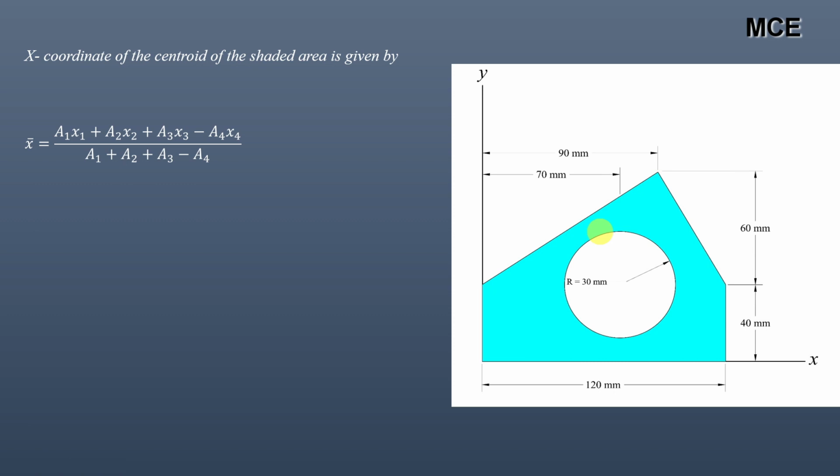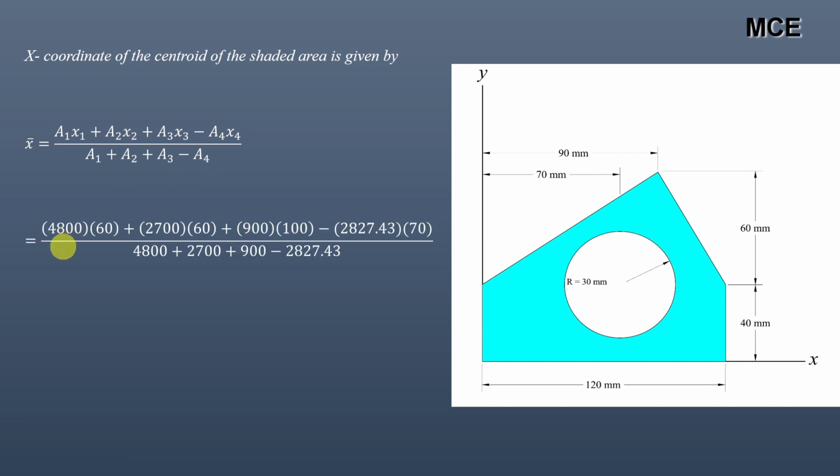It will not count in the centroid for this composite shape. That's why I have to subtract it from the total centroid area. First you take the area into centroid for the whole composite shape, and from it you subtract this circular portion. So that's why I have taken minus a4 into x4 in the numerator and minus a4 in the denominator.